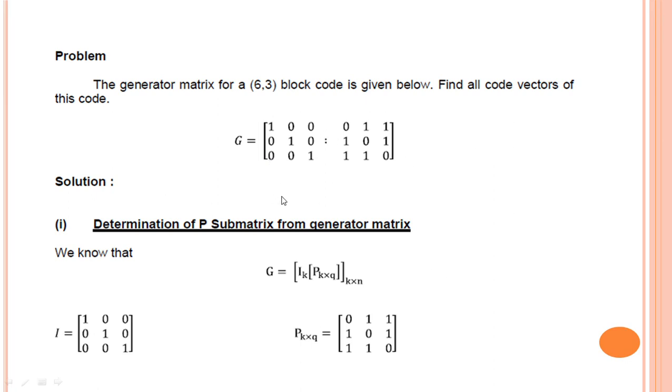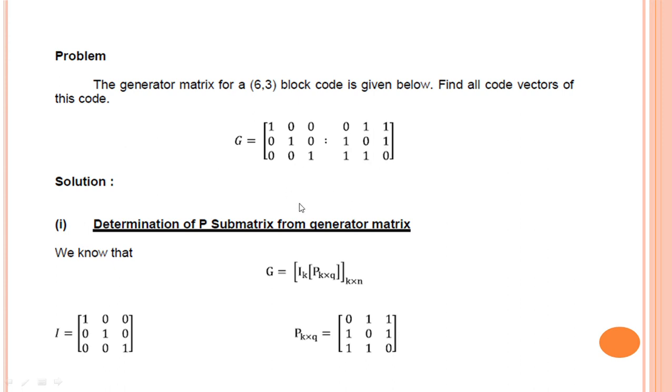To generate a code vector, we need the message bits and then we need a submatrix. So first we have to determine the submatrix from the generator matrix. As I already mentioned, the generator matrix consists of an identity matrix, given by 100, 010 and 001, followed by the submatrix P, which is given by 011, 101 and 110.